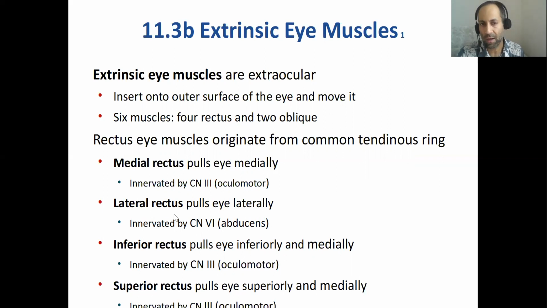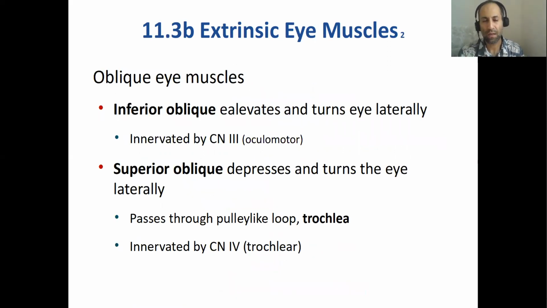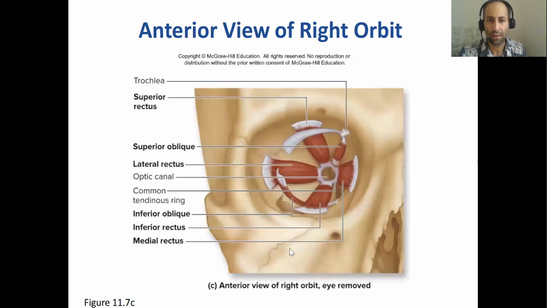So remember, the lateral rectus is different in terms of nerve supply. The other ones all have the same nerve supply: oculomotor nerve, cranial nerve number 3. As for the oblique muscles, the inferior oblique again is the same, cranial nerve number 3, the oculomotor nerve. But the superior oblique, the one at the top, is supplied by cranial nerve number 4, called the trochlear nerve. So that one is different again, as you see.